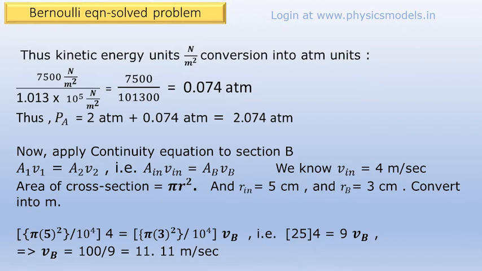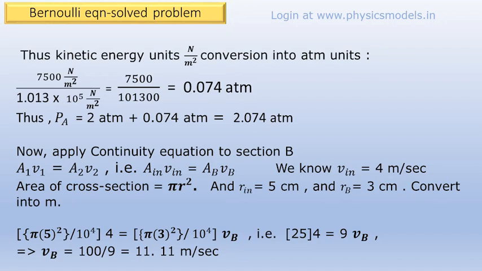We now move on to section B, where we have to find the pressure at section B. We have to find out the velocity at section B anyway, so we apply the continuity equation. A1 V1 is equal to A2 V2, and using the similar way in which we did for section A, we can find out the velocity at section B, VB, as 11.11 meters per second.